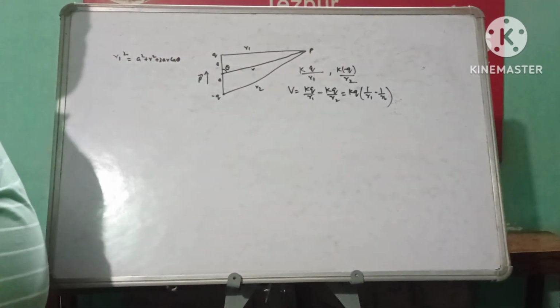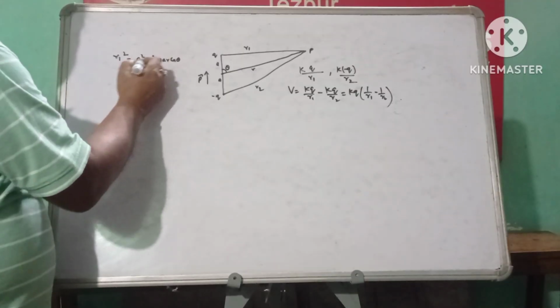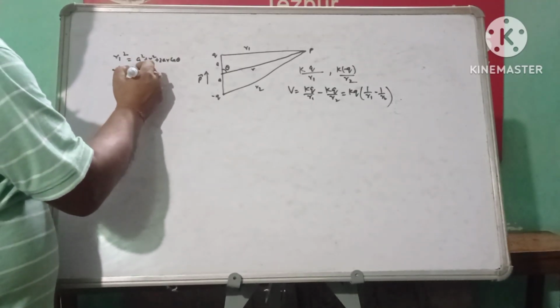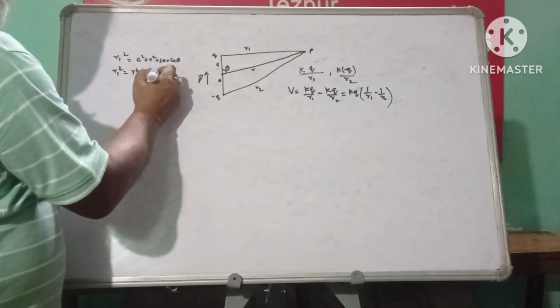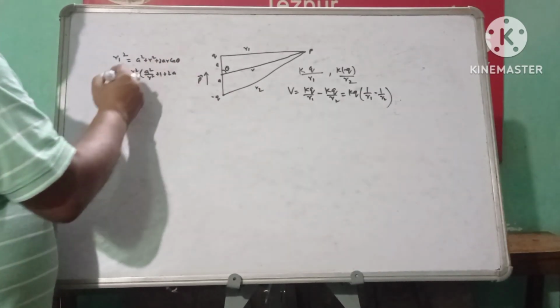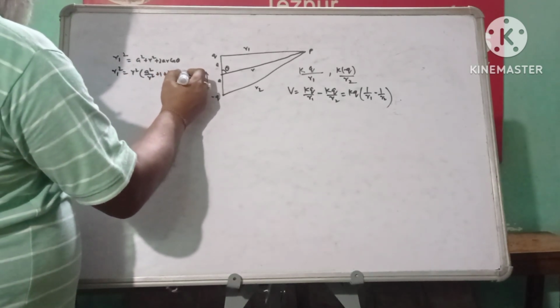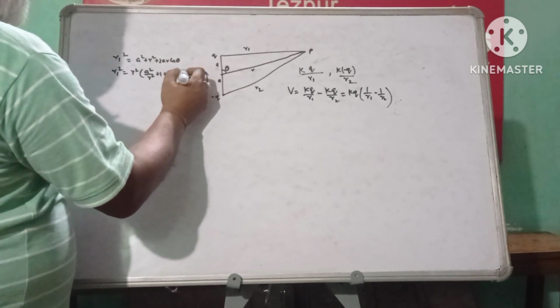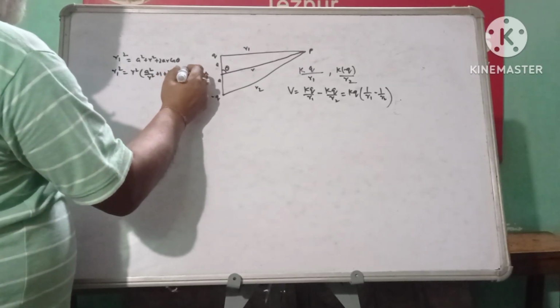Now you take R square common, so R1 square is equal to R square times (A square by R square plus 1 plus 2A cos theta by R).